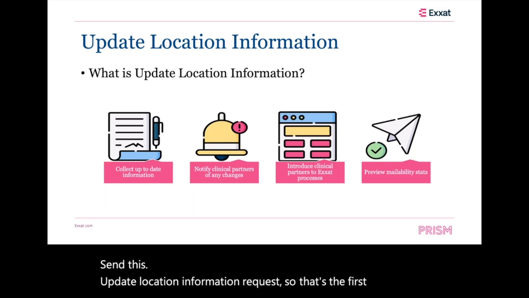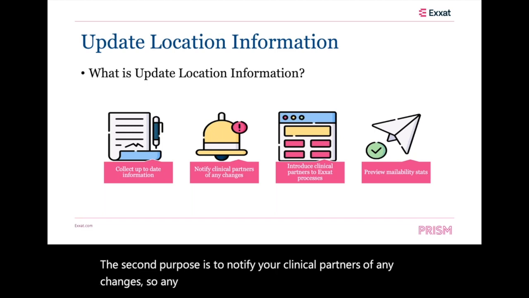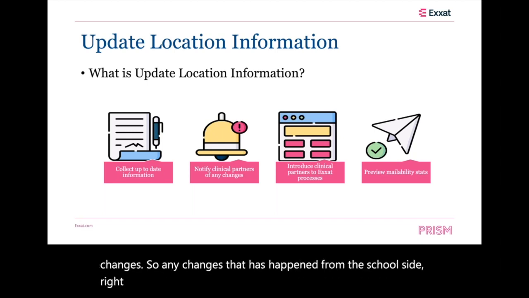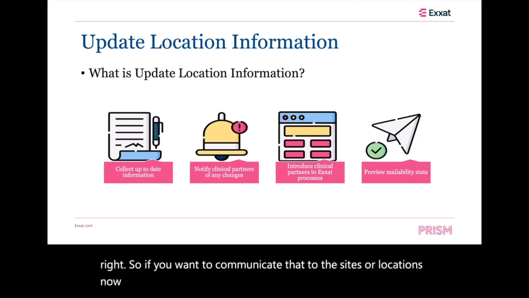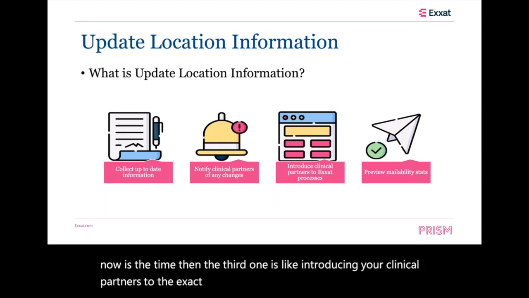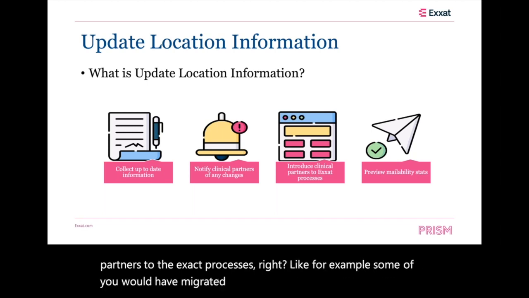The second purpose is to notify your clinical partners of any changes that have happened from the school side. If you want to communicate that to the sites or locations, now is the time. The third is introducing your clinical partners to the new process. For example, some of you would have migrated from version 3 to Prism.